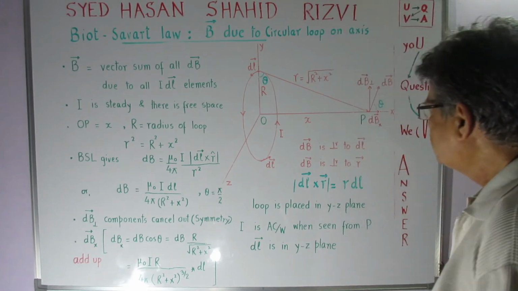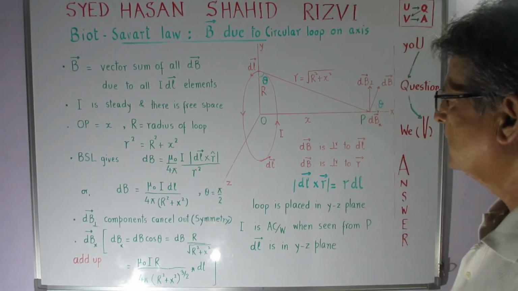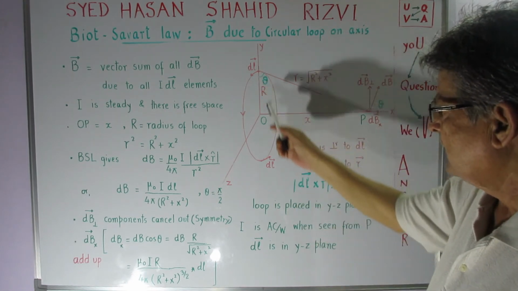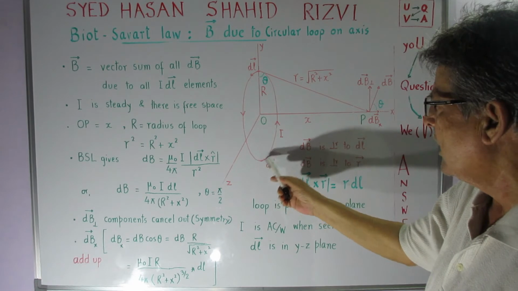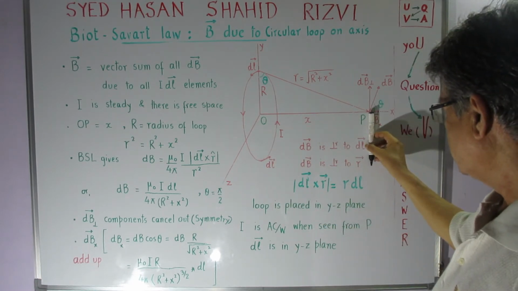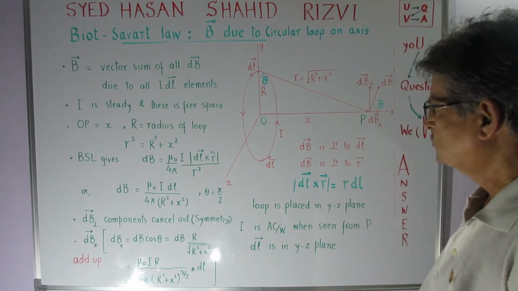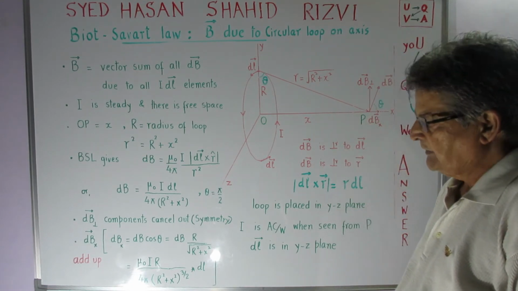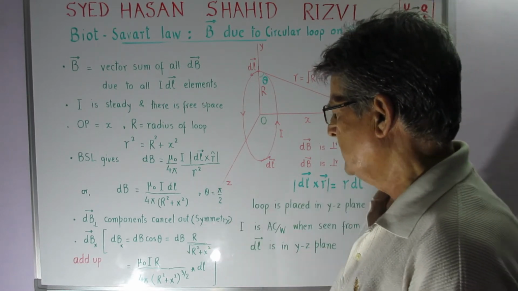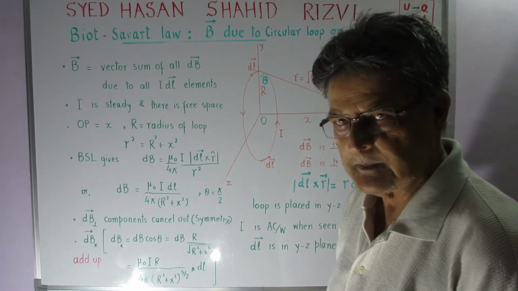Now all these perpendicular elements, dB perpendicular, will cancel out, because for every dl element there is a diagonally opposite dl element for which the dB perpendicular value will be cancelling out. That is because of the beautiful property of nature that's called symmetry.